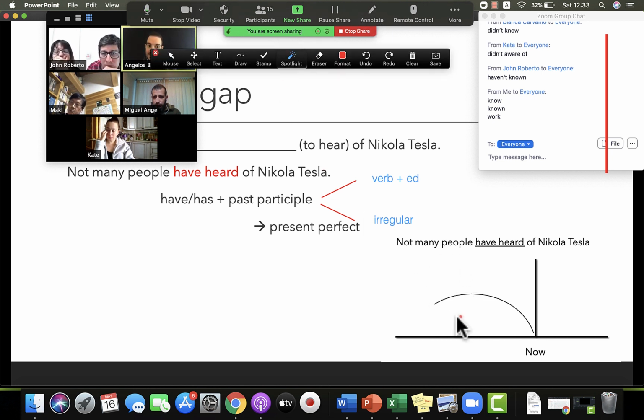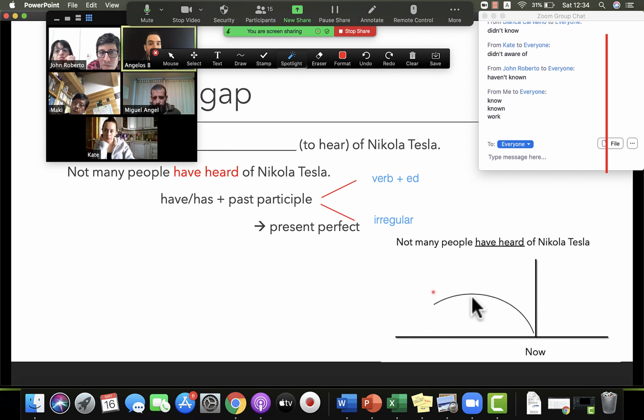It's an activity that starts in the past and continues until the present. Do I know when the action started? No. Do I care when? No, it doesn't matter. What matters is the link between the past and the present.